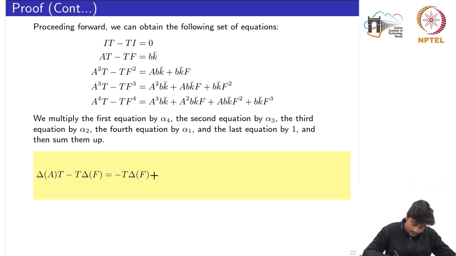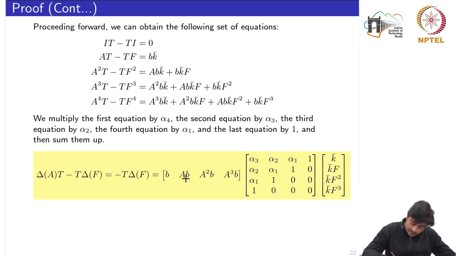Okay, now looking at the right hand side, I can rearrange the right hand side as this matrix times this matrix times this matrix. It is just a simplified version of taking all this form by multiplying each and every equation by alpha i's. Okay, now here this is the most important thing.